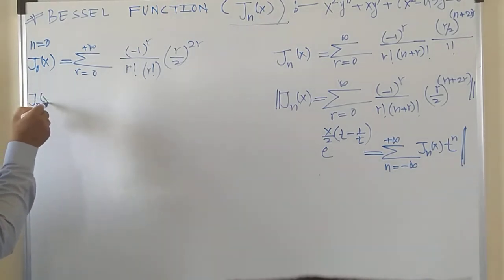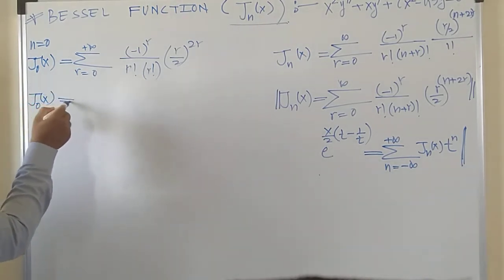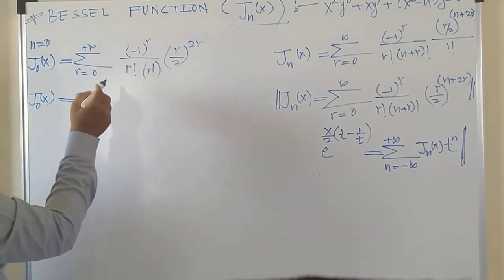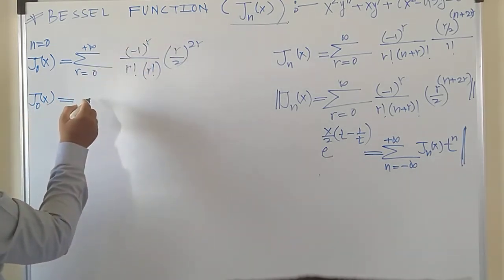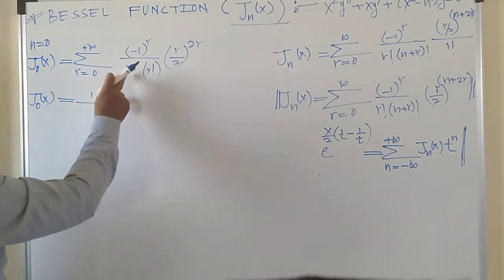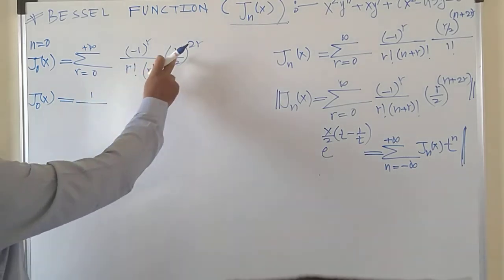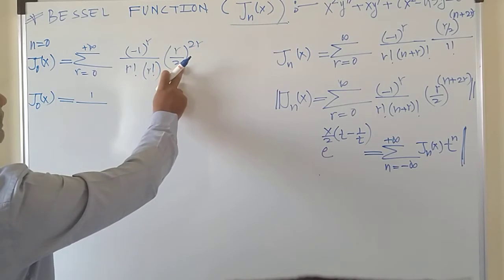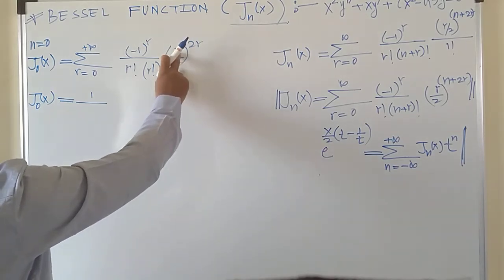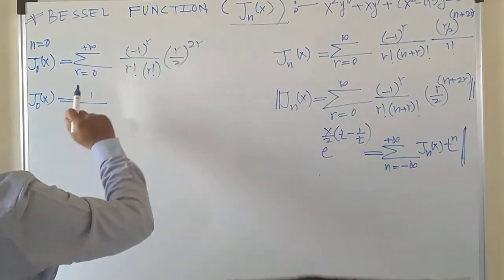So J naught of x is equal to minus 1 raised to 0, that means 1, divided by 0 factorial, x by 2 raised to power 0, so this will give you 1 only.